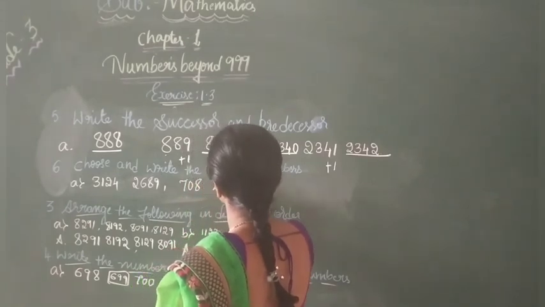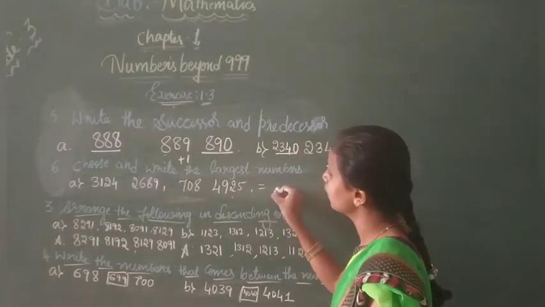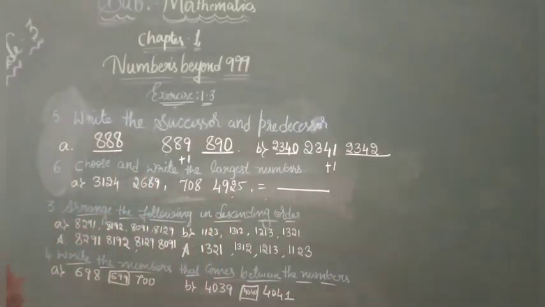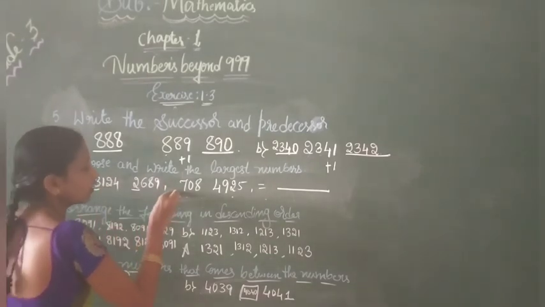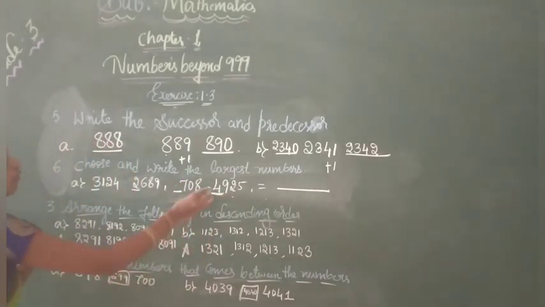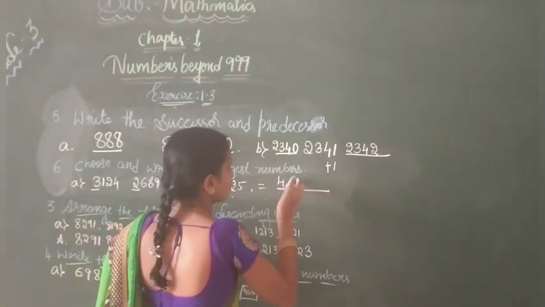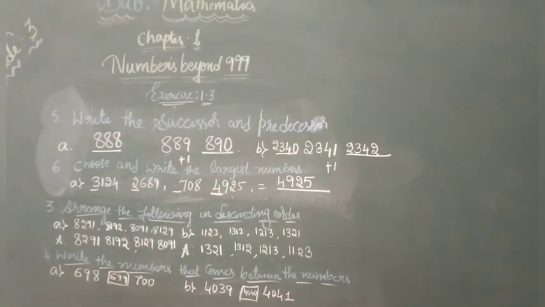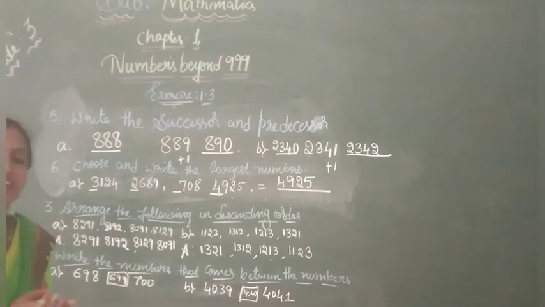Next, 4925. Which is the largest number? In the thousands place, here is 3. Here is 2. Here there is no thousands place. Here in the thousands place is 4. So which is the largest number? 4925. Is it clear? Any doubts?